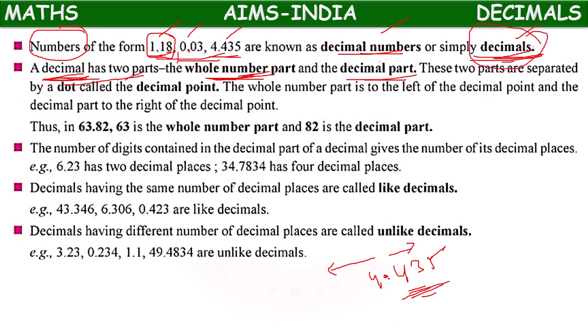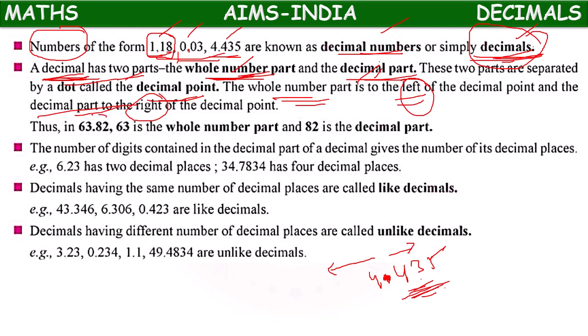One is before the decimal point, the whole number part, towards the left side. After the decimal point, towards the right side, is the decimal part. These two parts are separated by a dot or point, which is known as the decimal point.